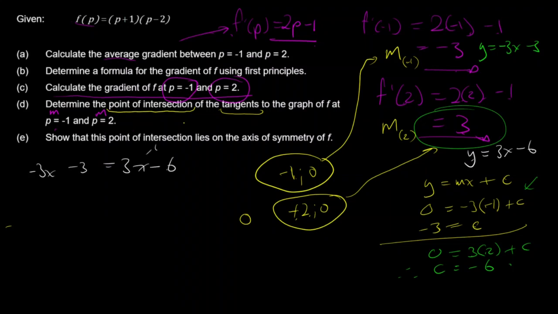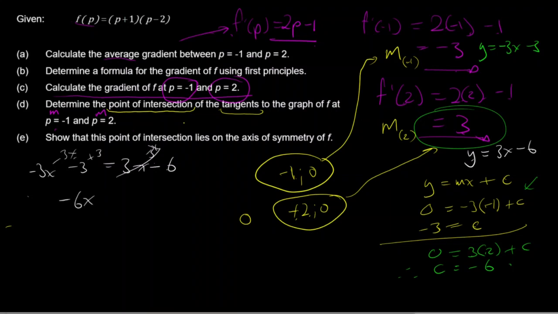Well, 3x on this side, minus 3x on that side. So we have minus 6x plus 3 plus 3, that zeroes out, and we'll have minus 3 minus 3. Dividing both sides by negative 6, we get x being equal to 1 over 2.